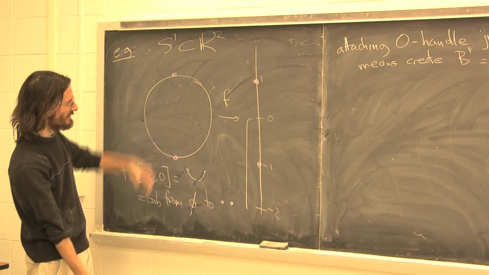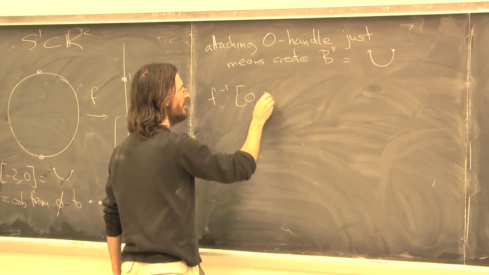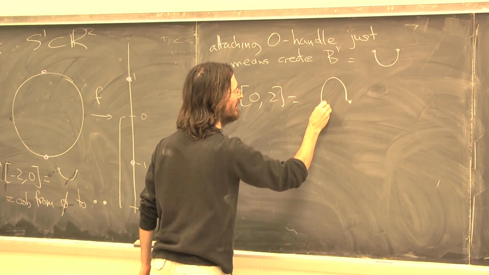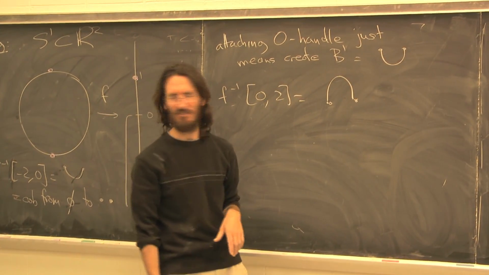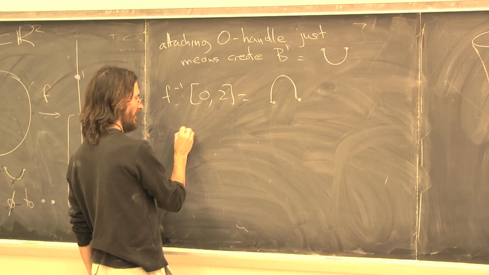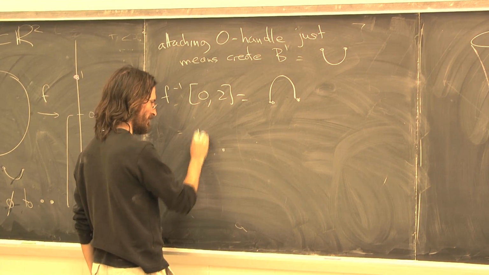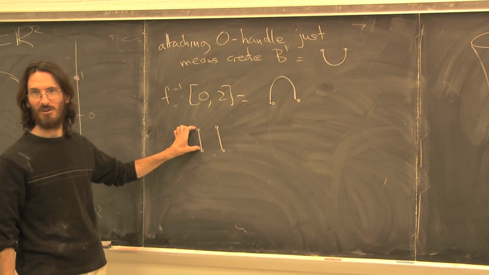And when you get to the top, f inverse of 0 to 2 is the same thing, but now this is a cobordism from 2 points to the empty set. So I take 2 points across an interval, and the empty set across an interval.